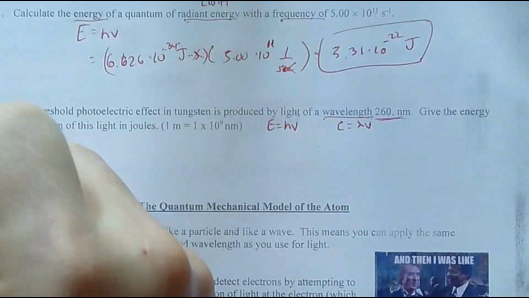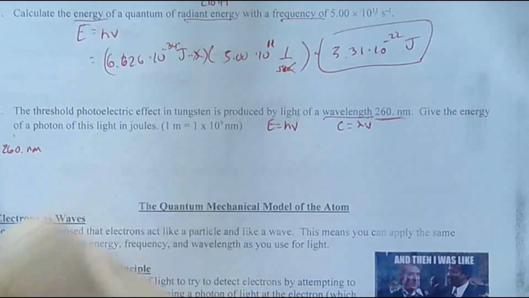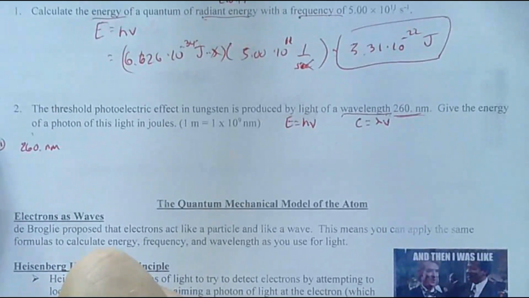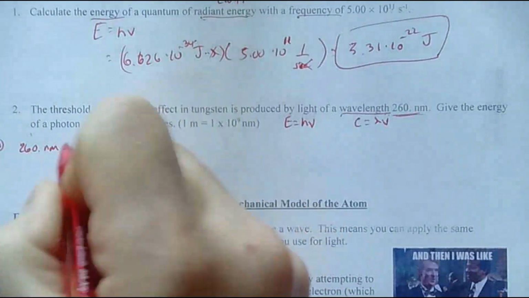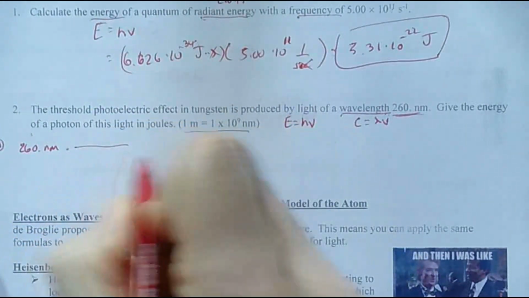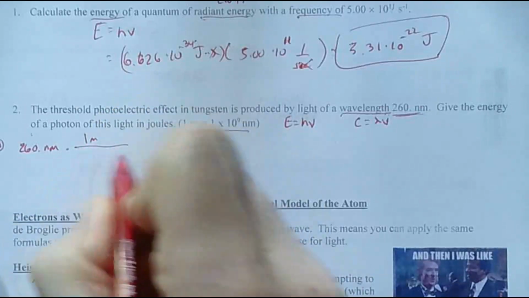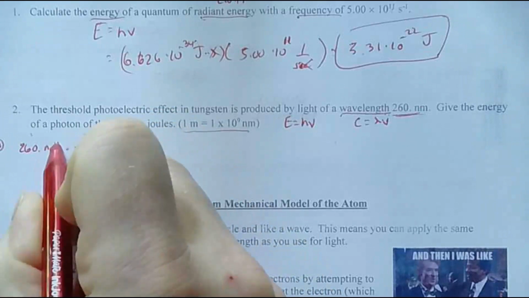The first one is we need to take the 260 nanometers and convert it into meters because we can't use nanometers. Here's our conversion factor, dimensional analysis: 1 meter goes on the top, the 1 times 10 to the 9th nanometers goes down here so that our units cancel.